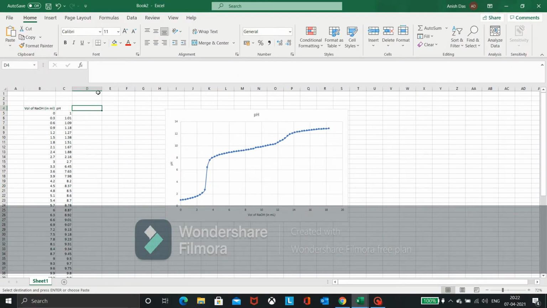Now we are going to determine the value of dpH by dV, that is the rate of change of pH with respect to the change in volume of our base.